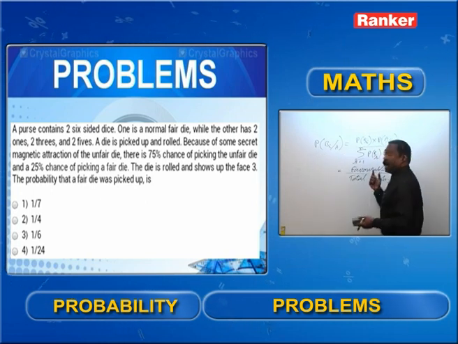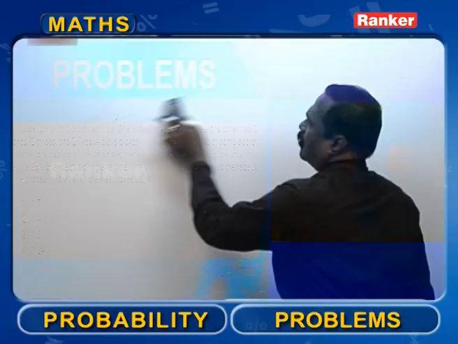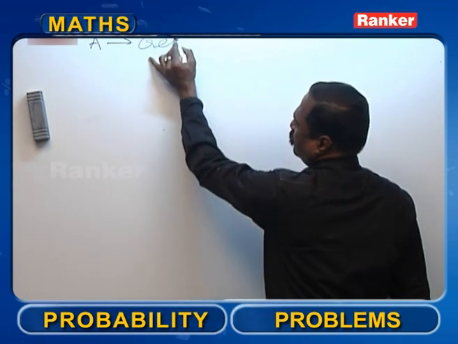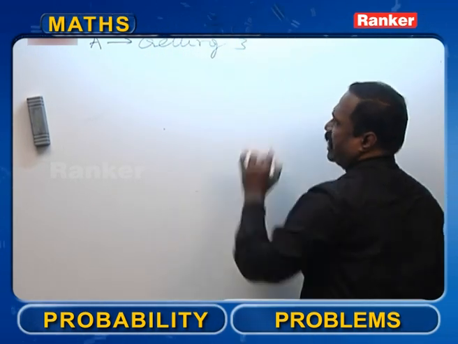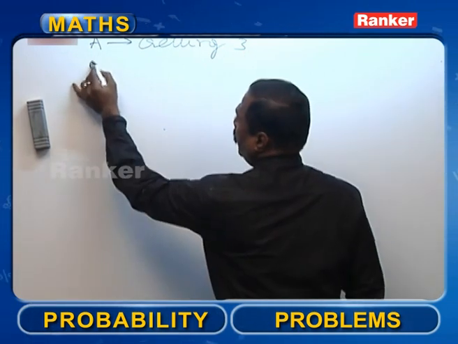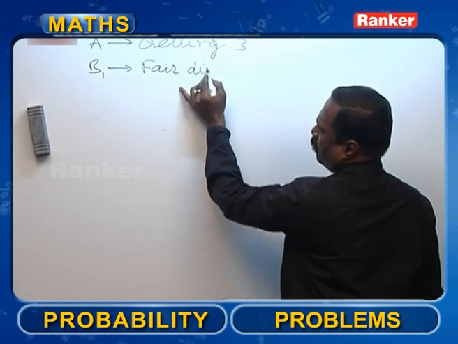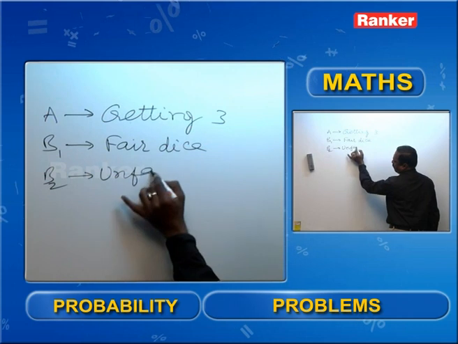Let us now apply the Bayes theorem. See, let me say here, in this case, A is getting 3. B1 is the fair die, and B2 is the unfair die.